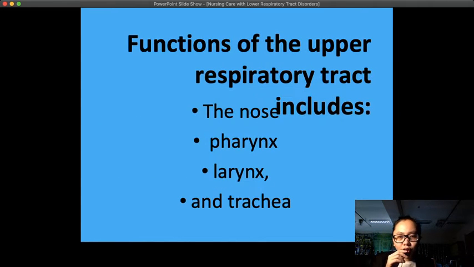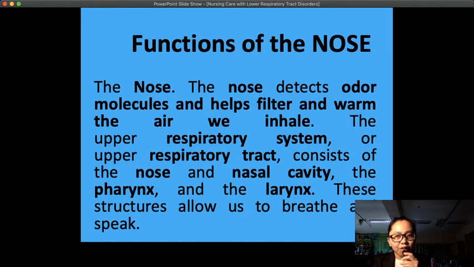So functions of the upper respiratory tract include, okay, so what are the functions of these parts? The nose, so what is the function of the nose? You may just be looking at your nose and not know what its function is. So the nose detects odor molecules and helps filter and warm the air we inhale.